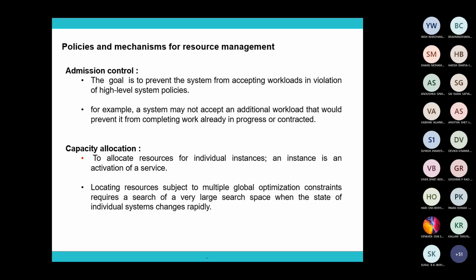Whenever you host any application, there will be a number of requests, represented in terms of load. It should have some threshold. When the load is more than that threshold, it should stop accepting requests. That is what is called admission control.